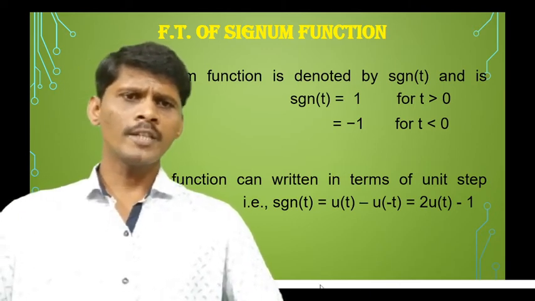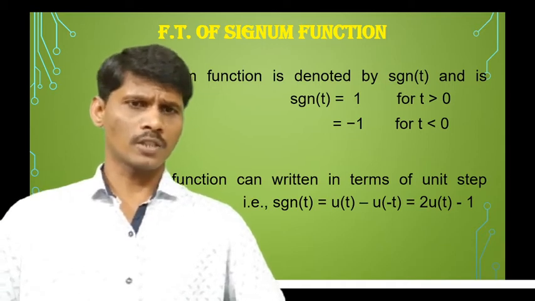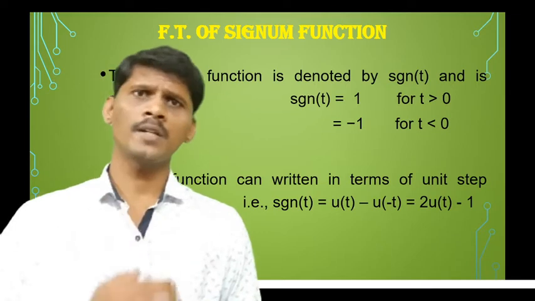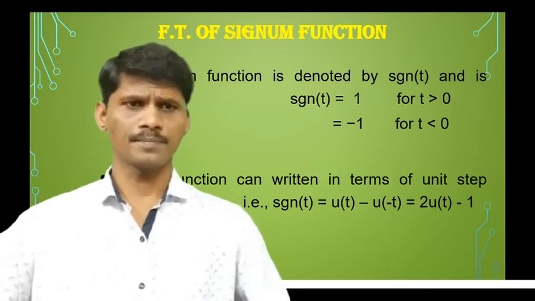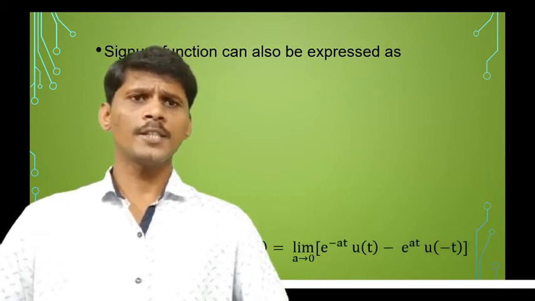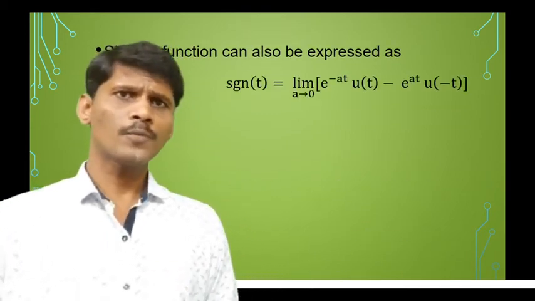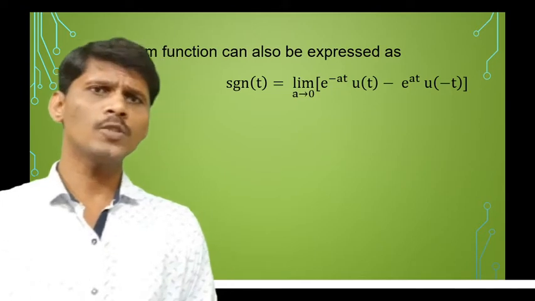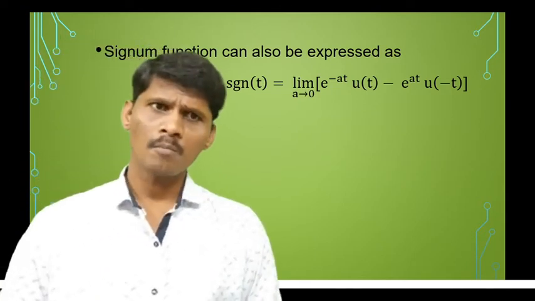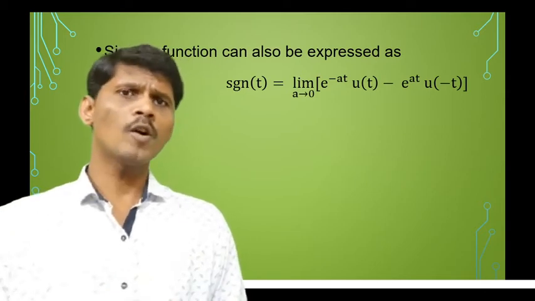This is already discussed in the first unit concepts. Signum of t is equal to 2 u of t minus 1, that is already explained in the first unit. And the signum function may also be represented in terms of exponentials. Signum of t is equal to limit a tends to 0 of e power minus at u of t minus e power at u of minus t.